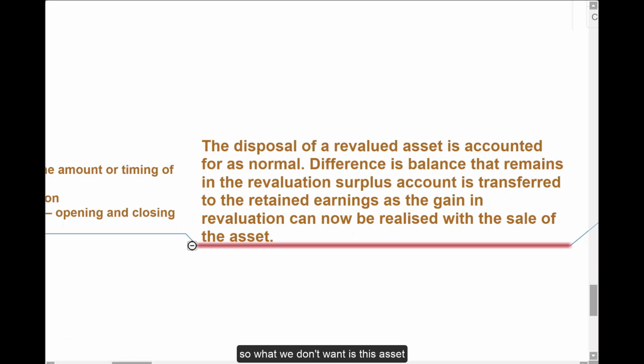So what we don't want is this asset, which has now been sold, was revalued. We don't want it reflected in cost of NCAs. We don't want it reflected in accumulated depreciation, and we certainly don't want it reflected in the revaluation surplus account. We want it, in effect, realized into retained earnings.